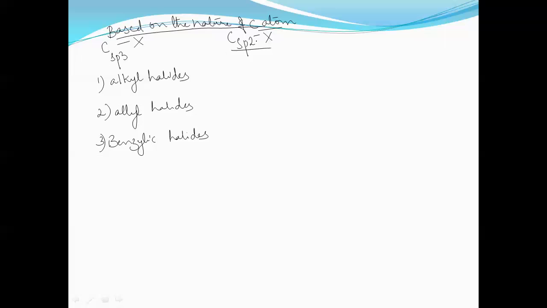And if the halogen is attached to an sp2 hybridized carbon atom, they can again be classified as vinyl halides and aryl halides. Depending upon the nature of the carbon atom to which the halogen is attached, there can be a C-sp3-X bond or a C-sp2-X bond. In the first class, they can be alkyl halides, allyl halides, or benzylic halides. And in the second class, where carbon is sp2 hybridized, they can be vinyl halides or aryl halides.